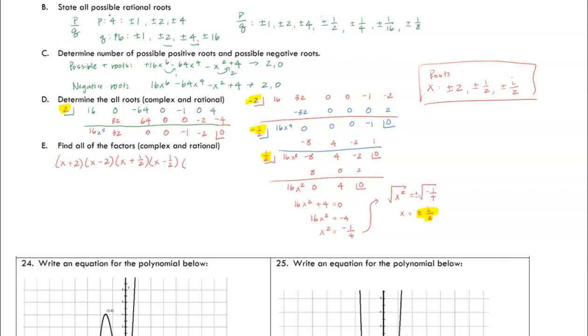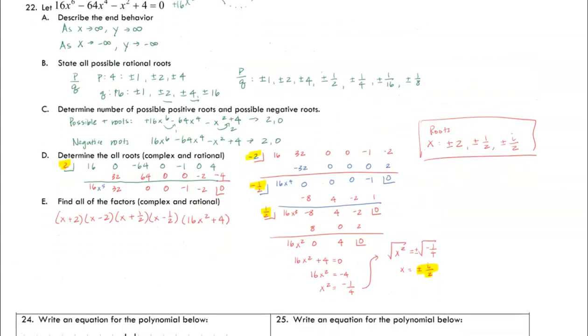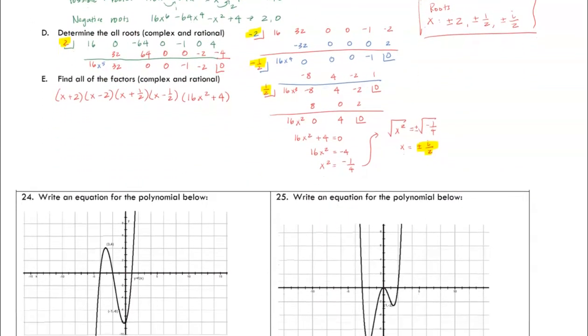And I'm just going to put 16x to the second plus 4. If I divide that by 4, it's just 4x squared plus 1. So that still works too.